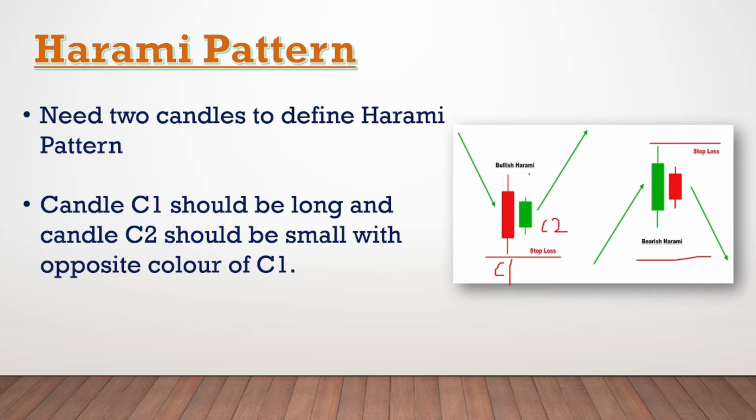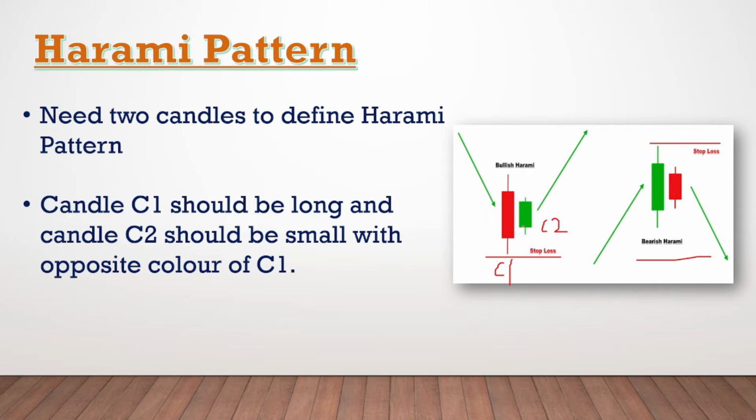If you see this pattern, the previous candle C1 is a red candle, which is a bearish candle, and candle C2 should be a small candle. If you clearly notice, the C2 candle's real body is within the C1 real body.